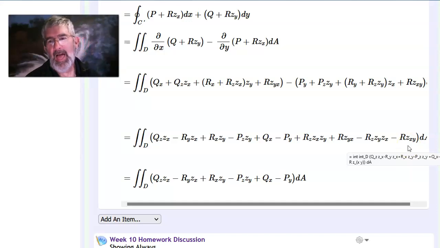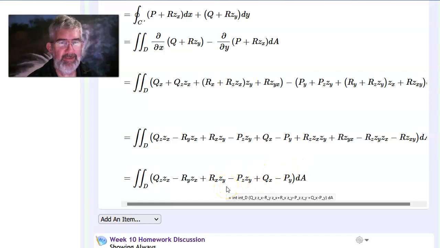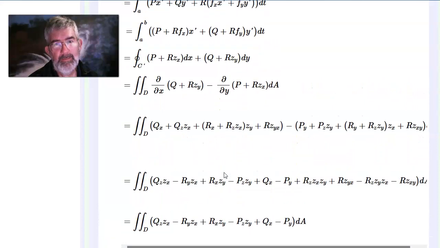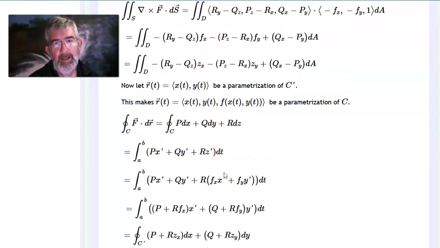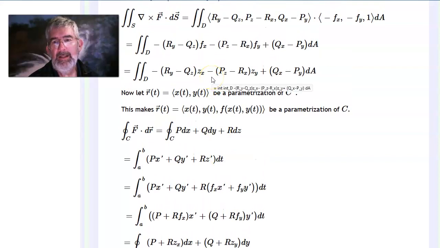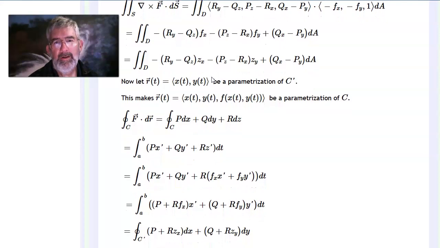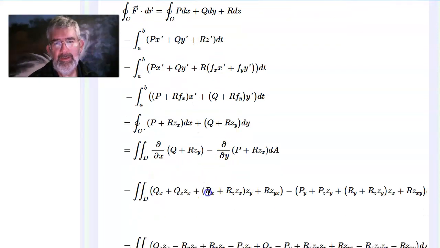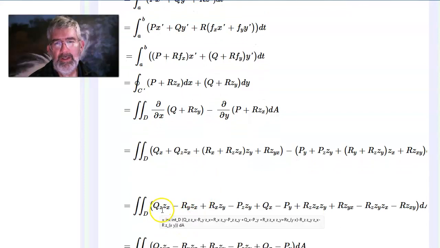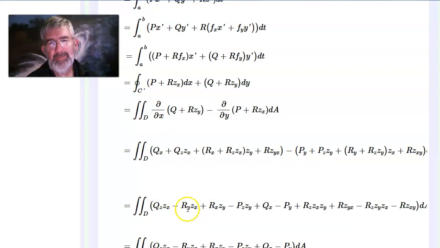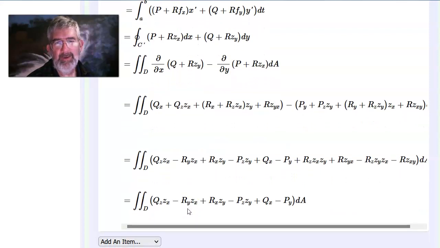So those four terms disappear, and what I get is this, which, if you scroll back up above, that's what I got with the double integral. Is it the same? So this is q z minus r y. This is q z minus r y. Yep.